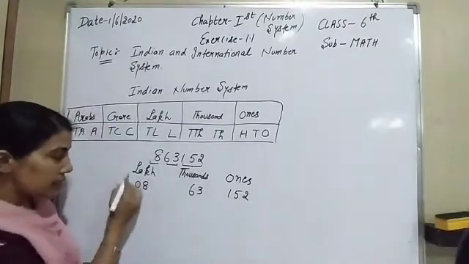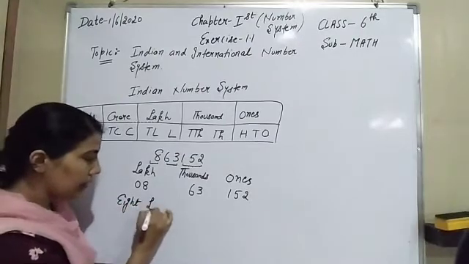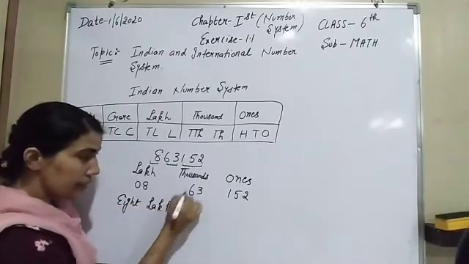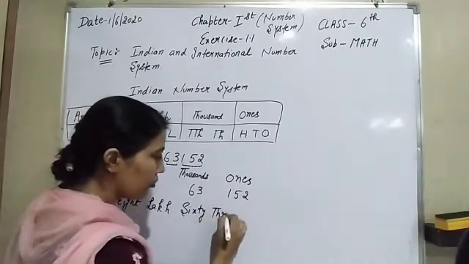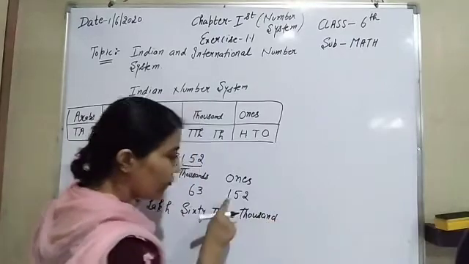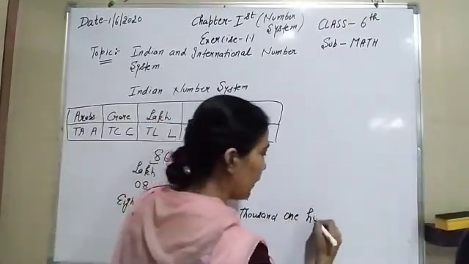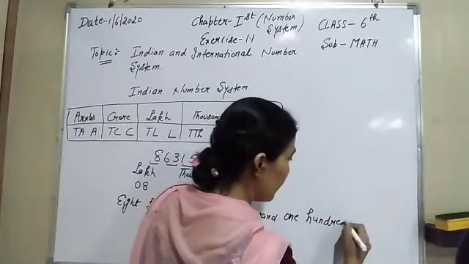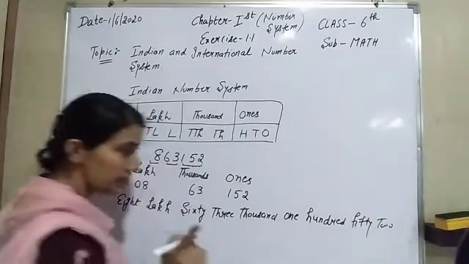So in Indian system form we have 8 lakh 63,152. I'm going to repeat this one.